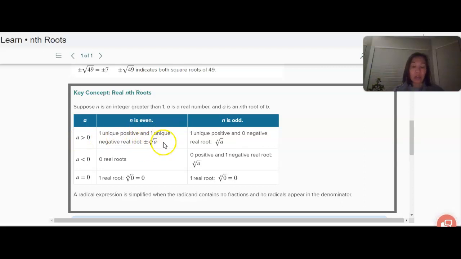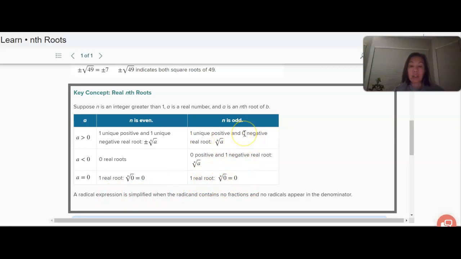So like the square root of 49, we have positive 7 and negative 7. If the number is less than 0, like the square root of negative 49, you already know those are imaginary numbers. They don't have a real root. And the square root, or cube root, or any root of 0 is always just 0.